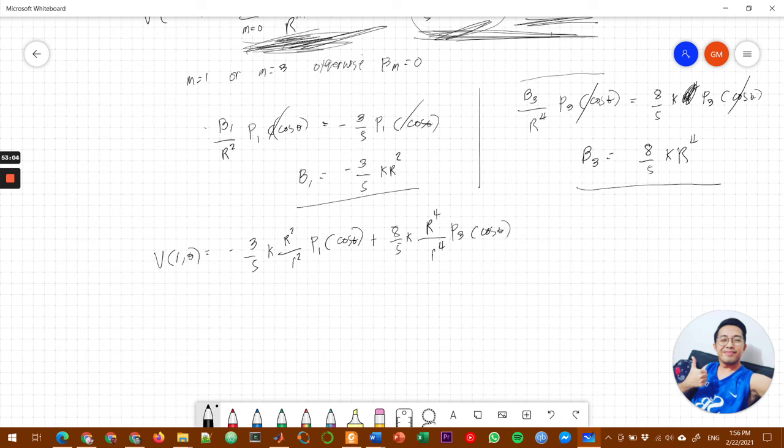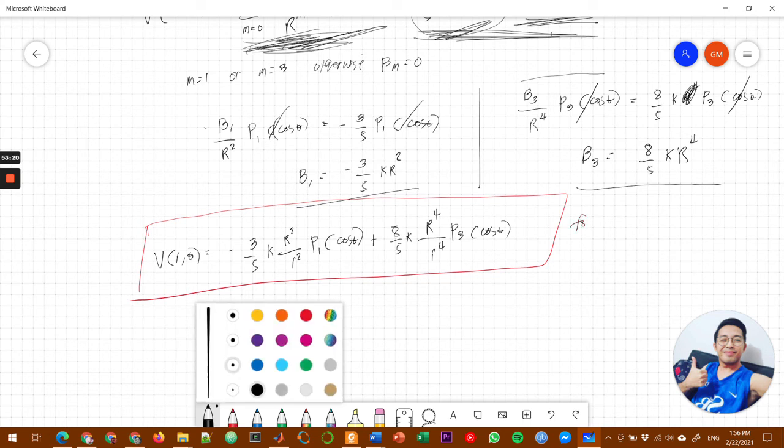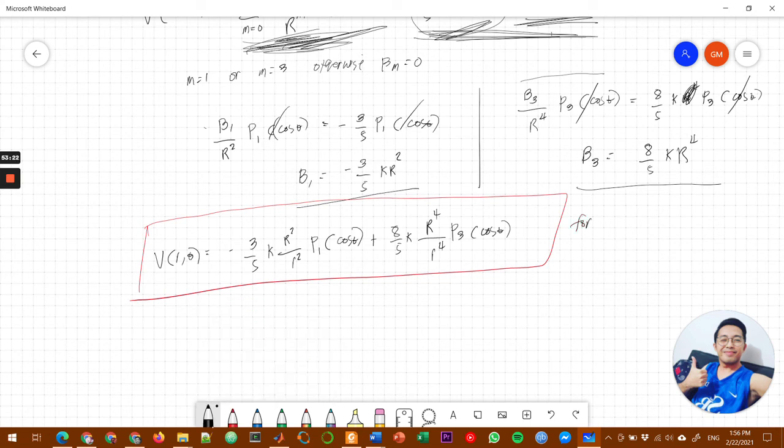So this is now the equation. This is for r greater than R, meaning outside. So that's the potential for the outside.